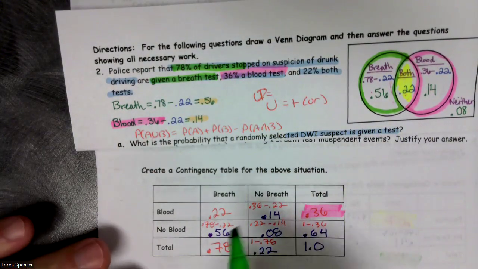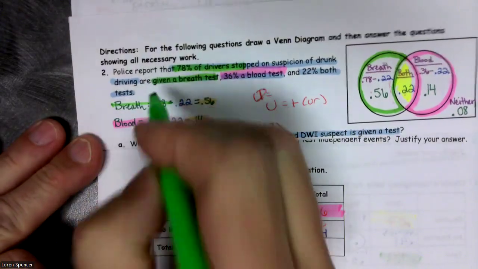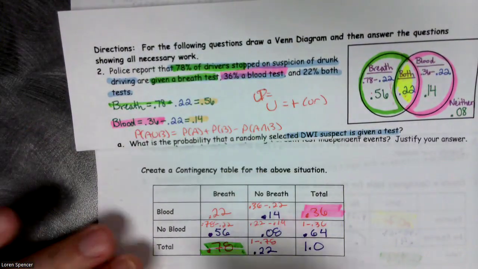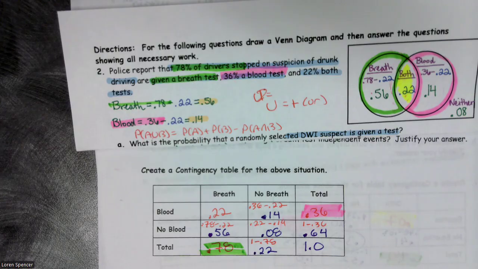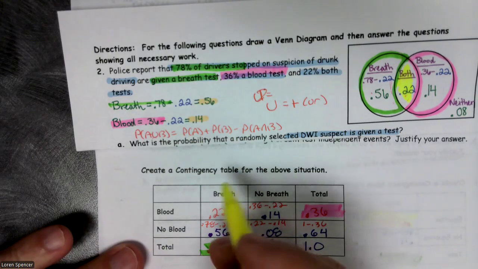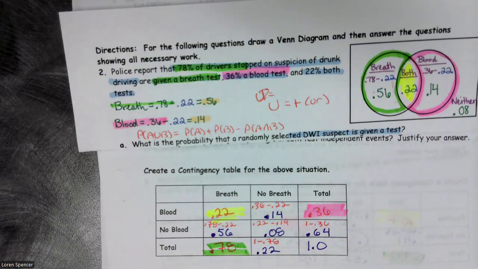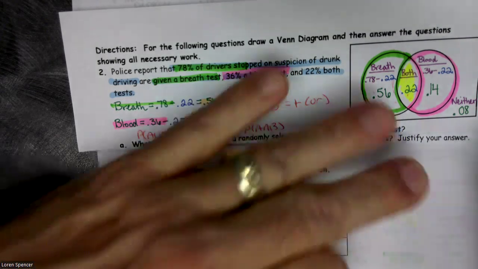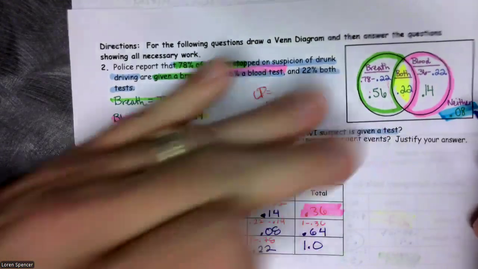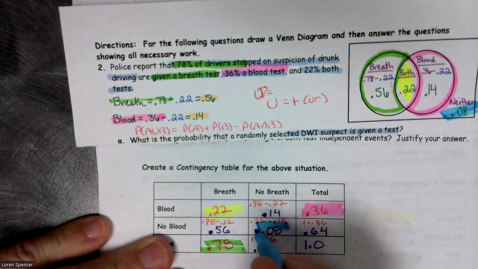This is the probability of a breath test. This is the probability of both. Neither is right there.